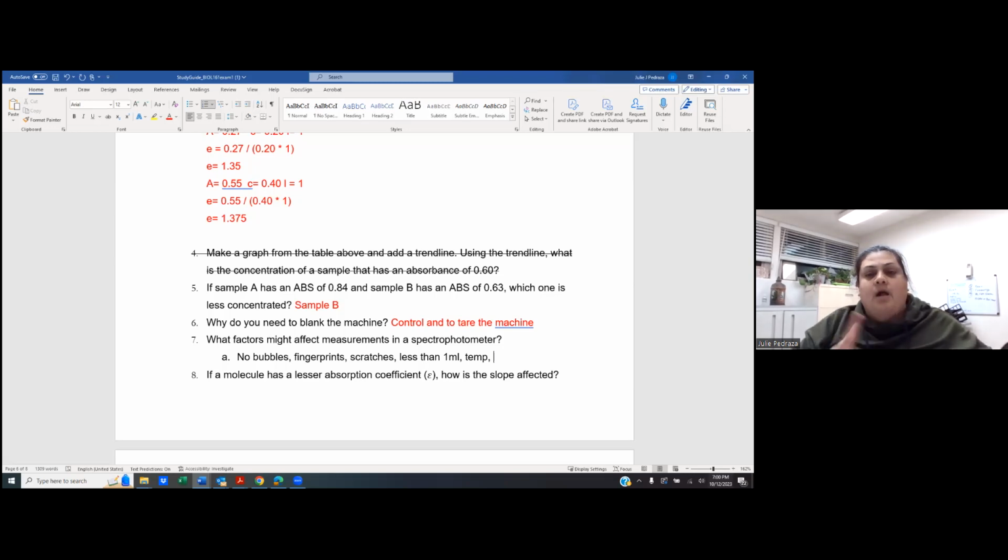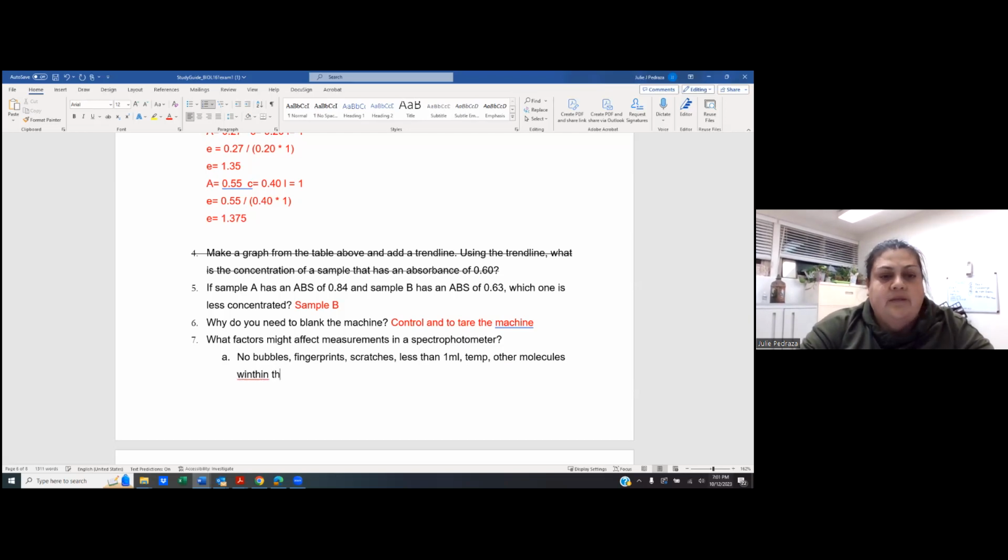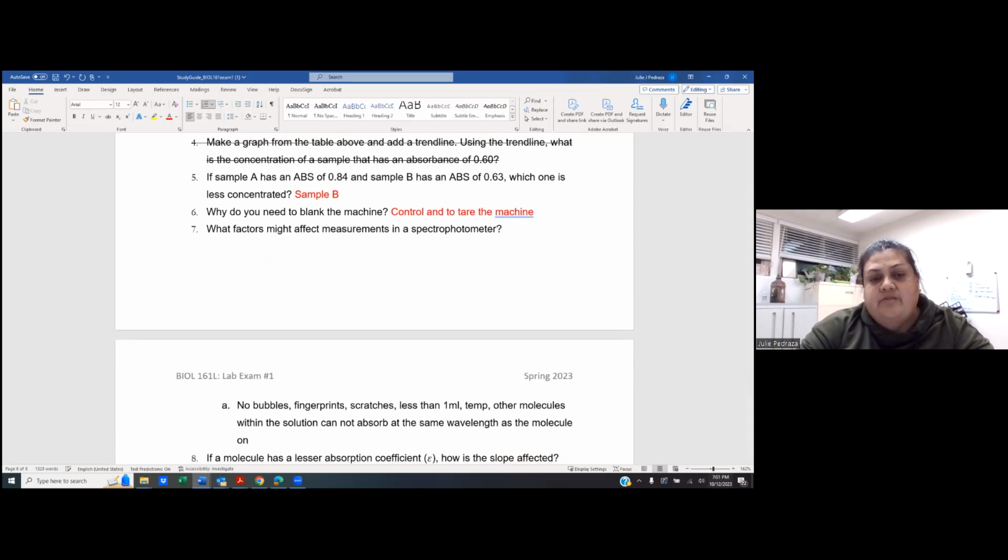So the best way to say it is other molecules within the sample cannot absorb at the same wavelength as the molecule of interest. Does that make sense?